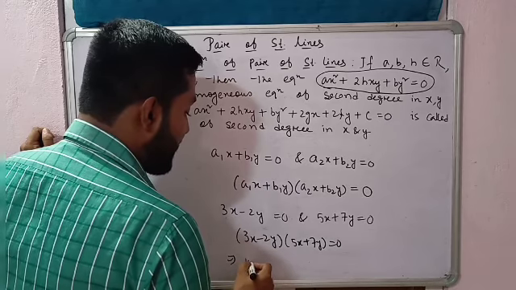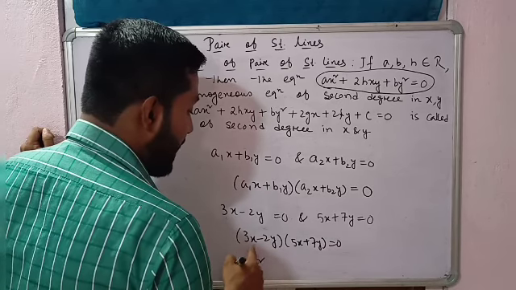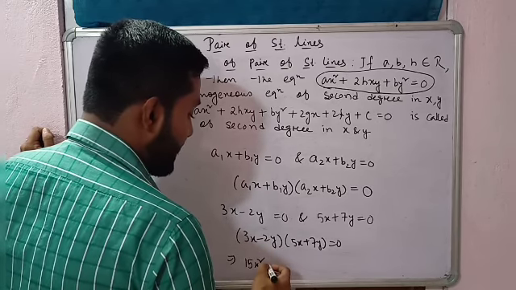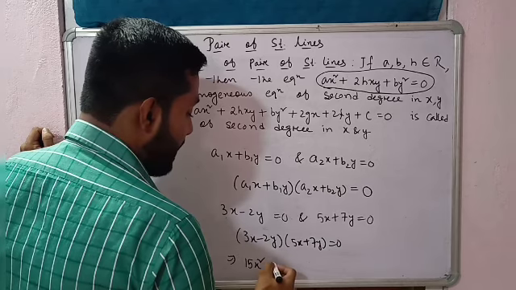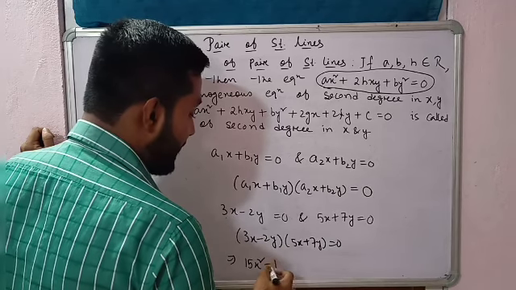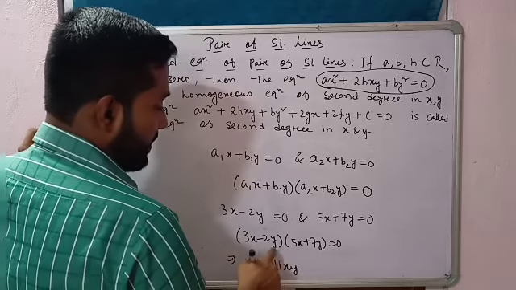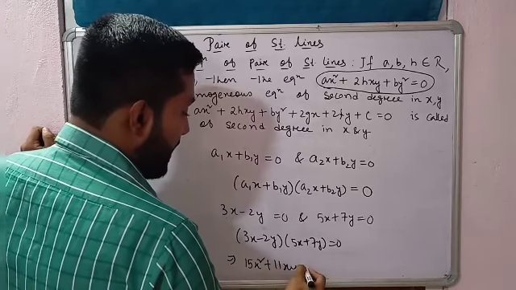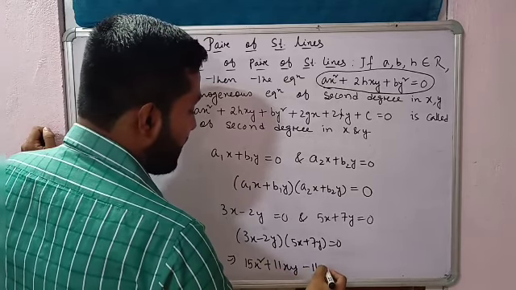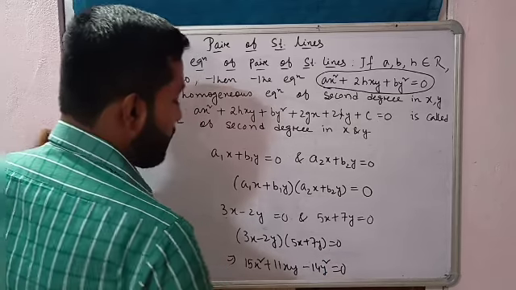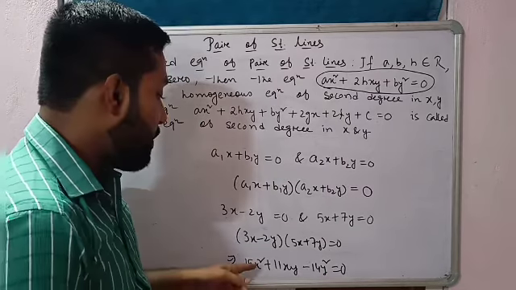It will be 15x square plus 21xy minus 10xy, that is plus 11xy, right? 11xy minus 14y square, this is equal to 0. Look at the equation. Look at the combined equation.